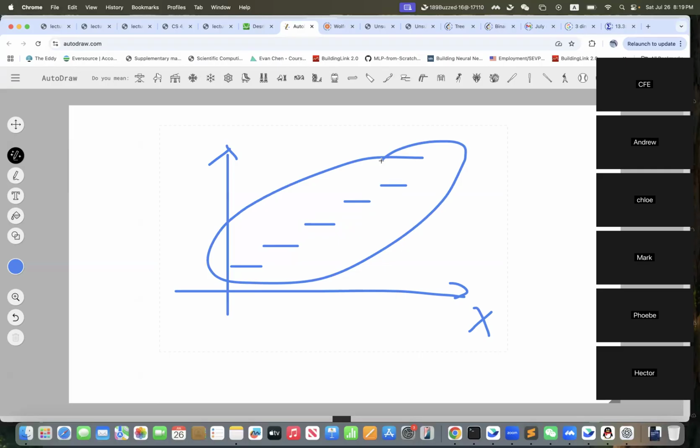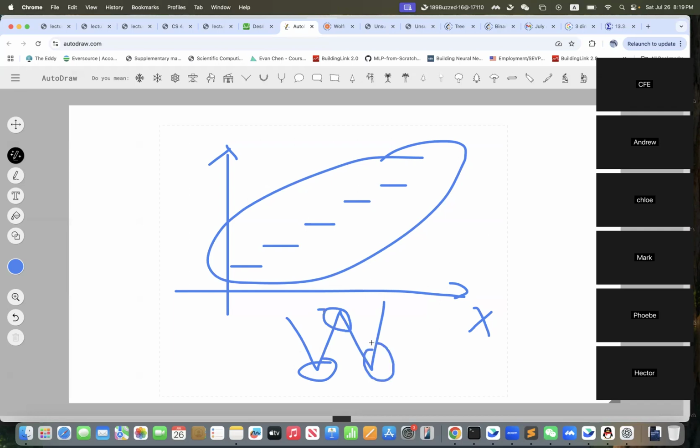In order to find derivatives, a function has to be continuous first. But even if it is continuous, it may still not be differentiable because you can still have a function like this, where at this point the function is not differentiable. You cannot find derivatives. If you don't understand this, it's fine.